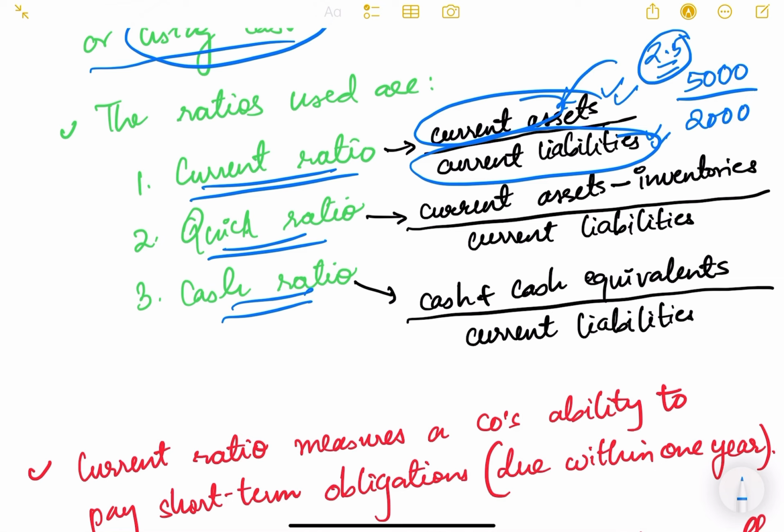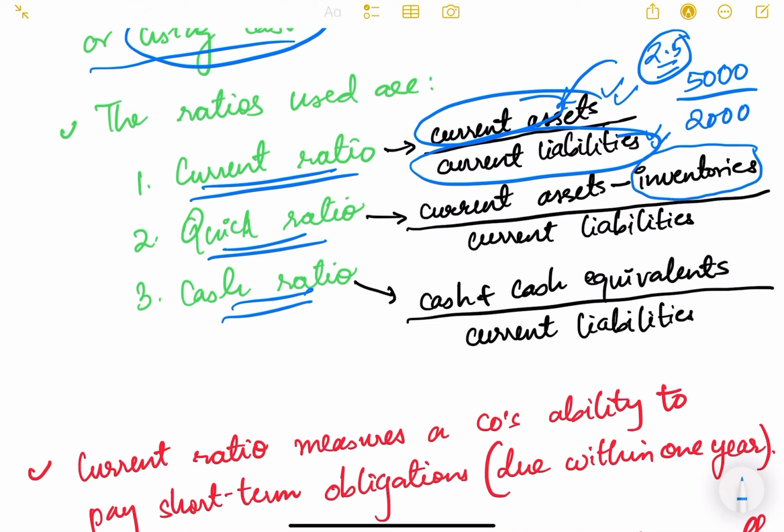Now the quick ratio is a narrower indicator of the same liquidity. In current assets there are different kinds of assets: cash, cash equivalents, inventories, marketable securities, etc. Financial researchers say that inventories are not very liquid.